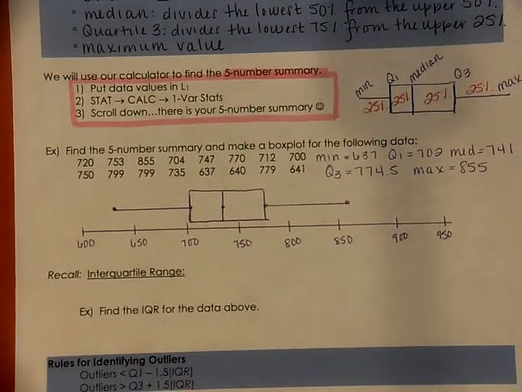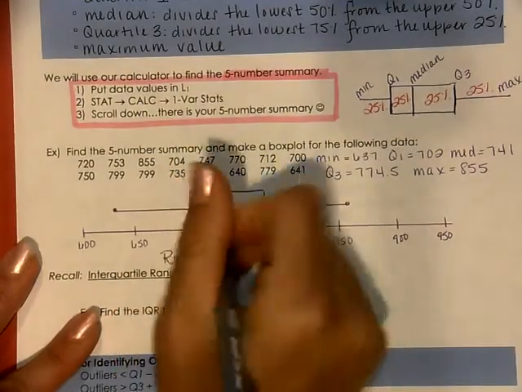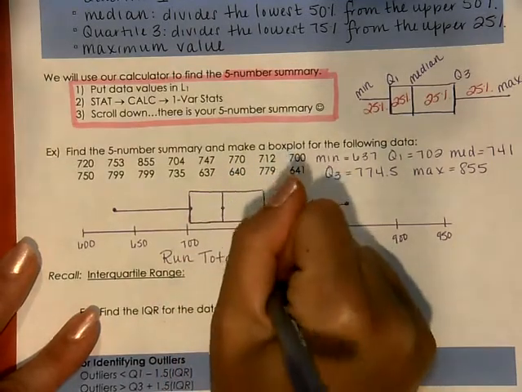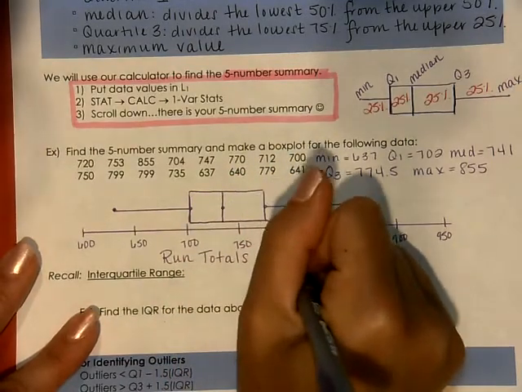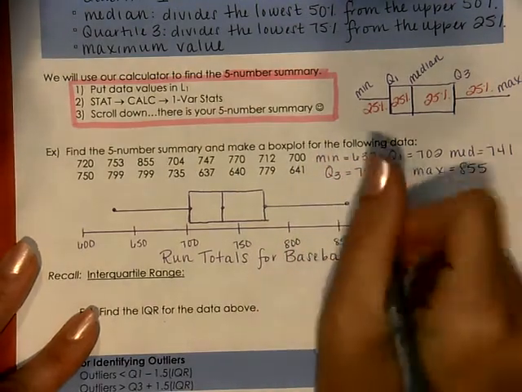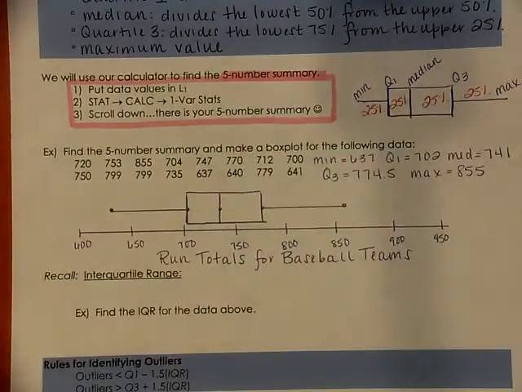I know it doesn't state it in the question, but this has got to be run totals, using similar data that we did in the previous days for baseball teams. Like I said, I know it doesn't say it with the data, but we should always practice labeling when we can. So I just wanted to make sure we put that on there.